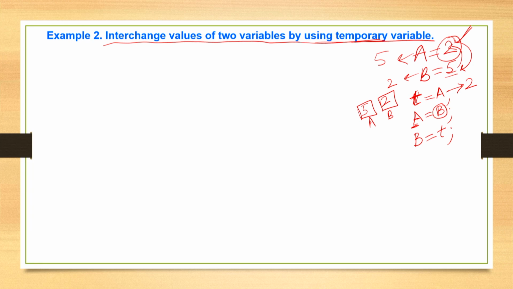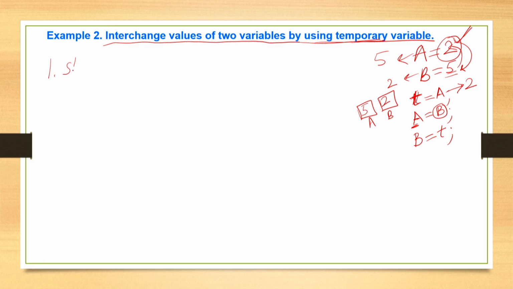Now we have to write an algorithm and draw the flowchart for this. So for the algorithm, it's a start. Then next, you have to read these two variables, say A, comma B. Next step is you have to use the temporary variable.